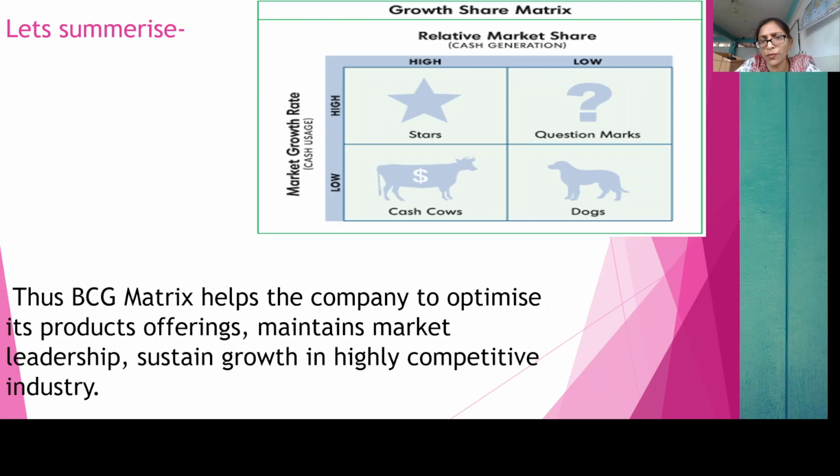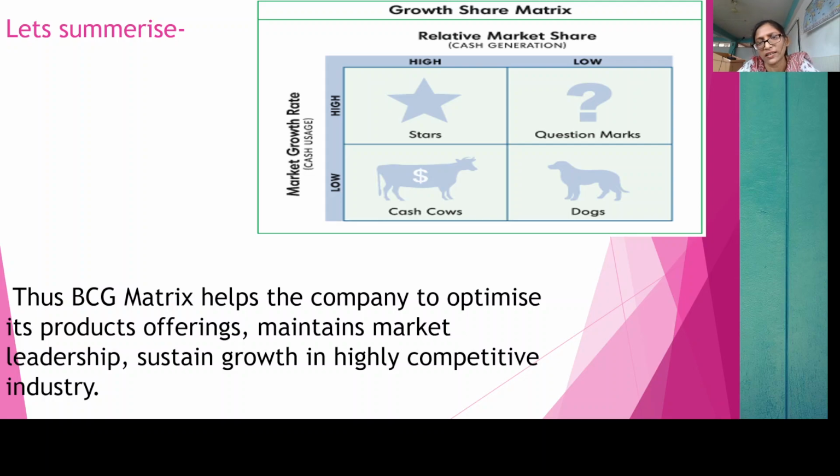In the same way, on the x-axis, relative market share, we also have cash generation.